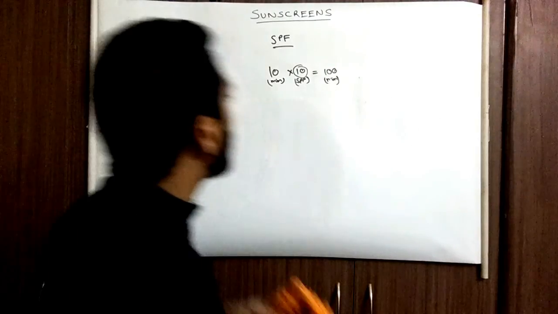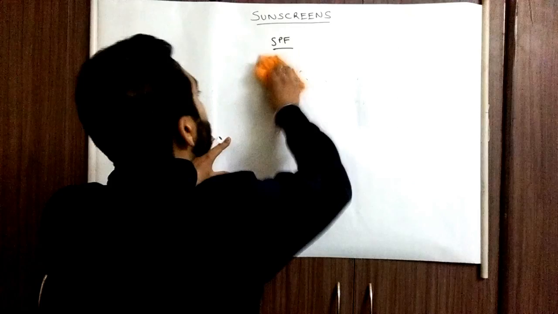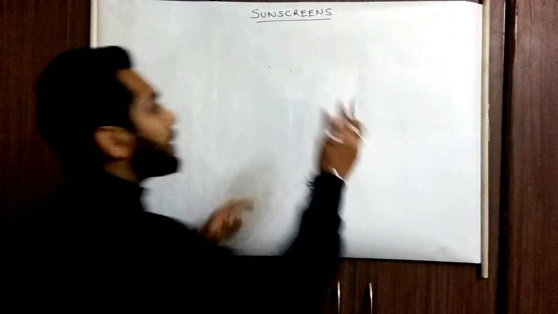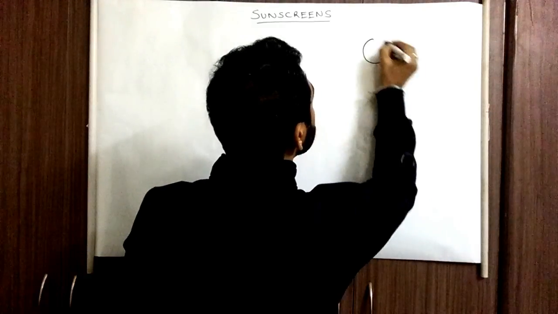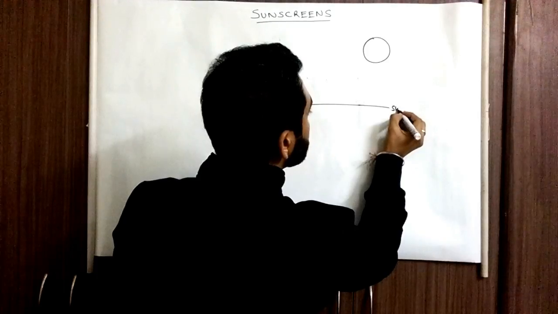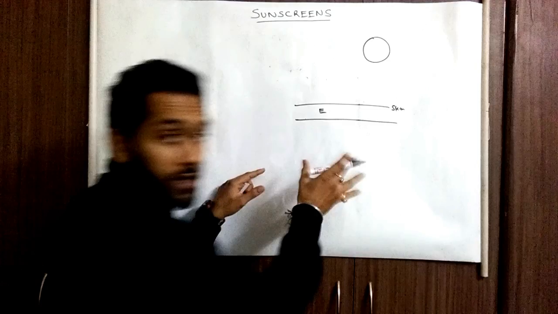Now I'll talk quickly about what UVA and UVB rays are. I'll make a diagram. Suppose this is the sun and this is the skin surface, and this is the epidermis. The topmost layer of the skin is known as epidermis.